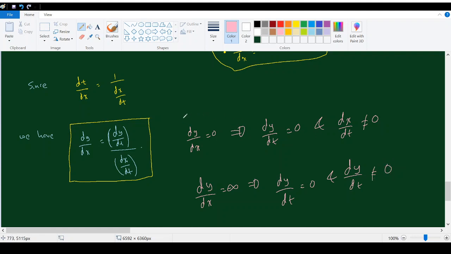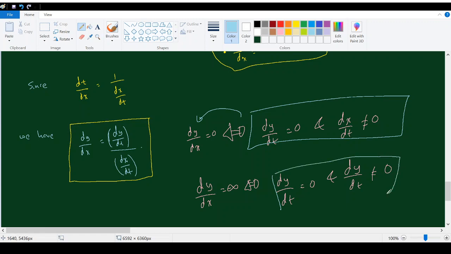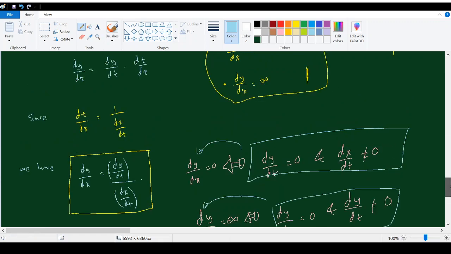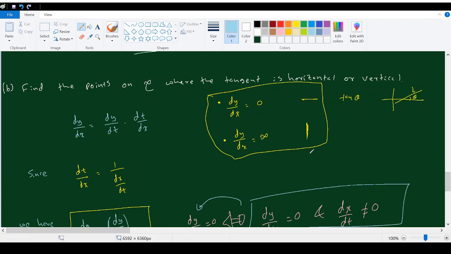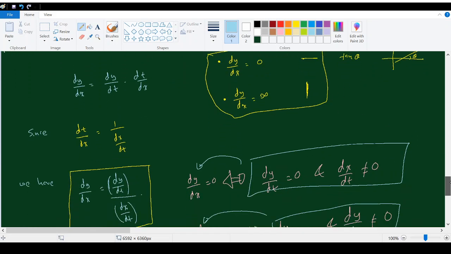So if our curve satisfies these conditions, then we can get the other direction, right? That means basically if we have this condition, we have this one, and if we have this condition, we have this one, which you can directly relate with the horizontal and the vertical nature.